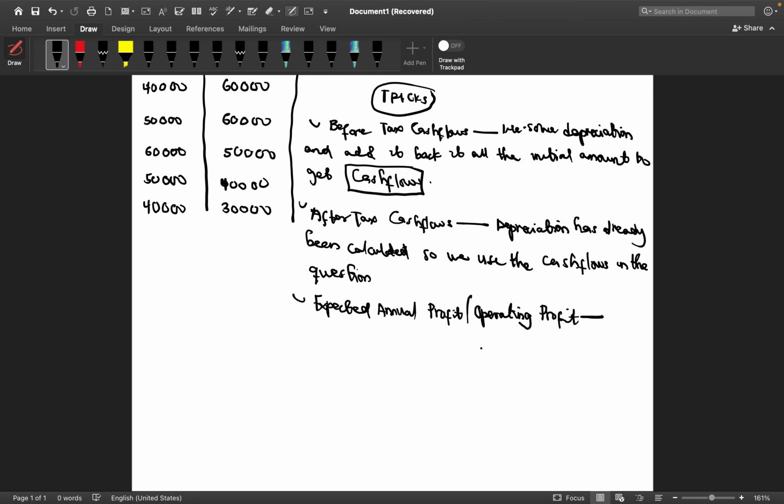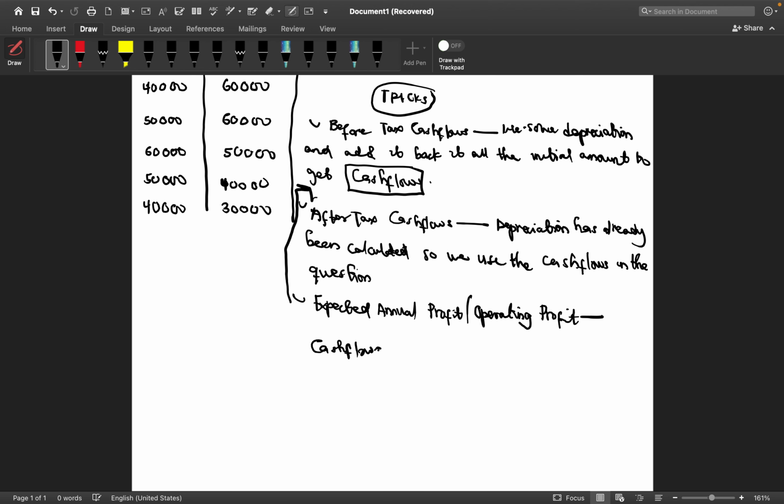Expected annual profit or operating profit is the same as before tax. You first have to solve depreciation and add it back to all the initial amounts to get cash flows. That's the concept.